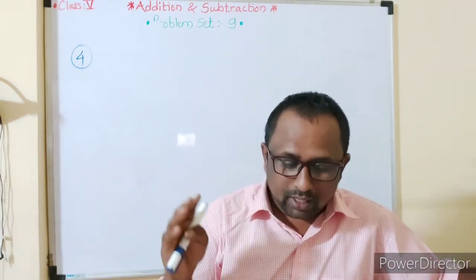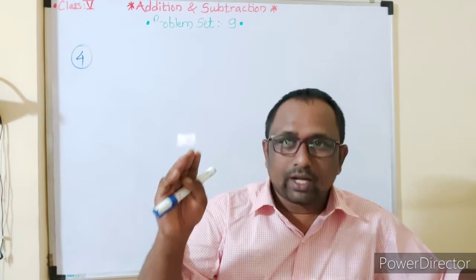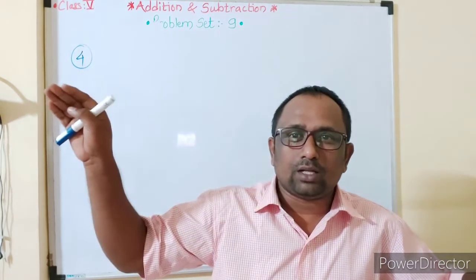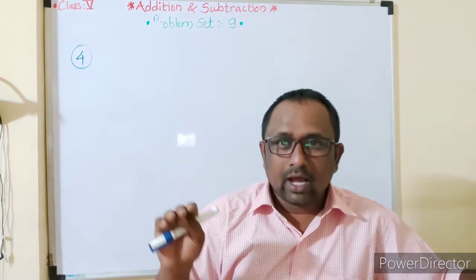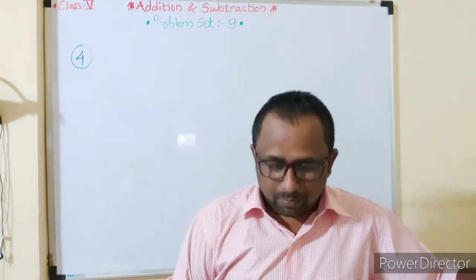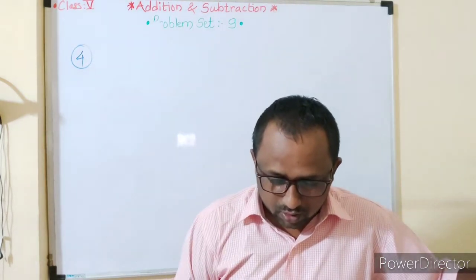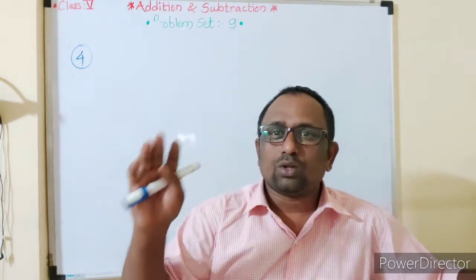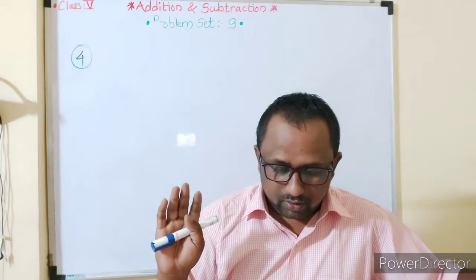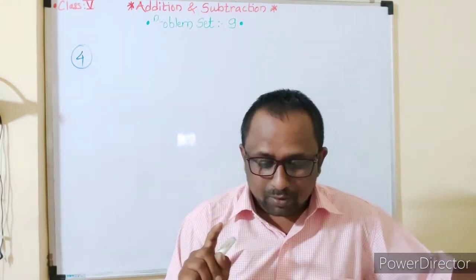Okay, computers and TV. First you have to write the price of computers and then the price of TV sets. You have to add and you will get the total price or total cost. You can write total amount also. But here, see the example, students.